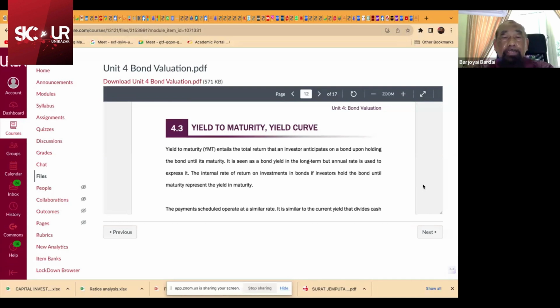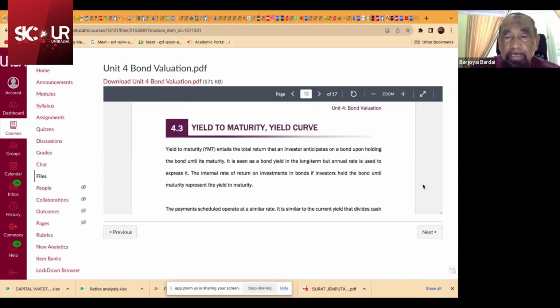Okay, yield to maturity or yield curve. The yield to maturity, it should be YTM, entails the total return that an investor anticipates on a bond upon holding the bond until its maturity.